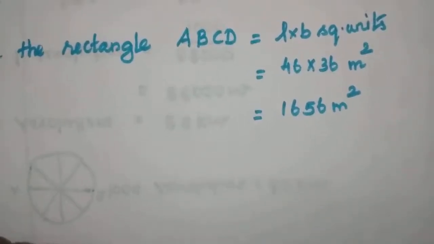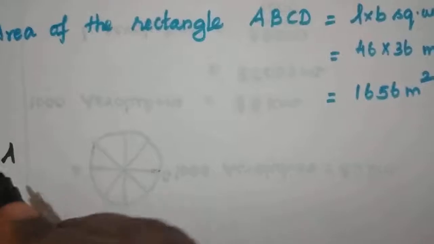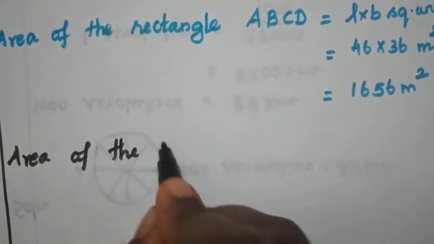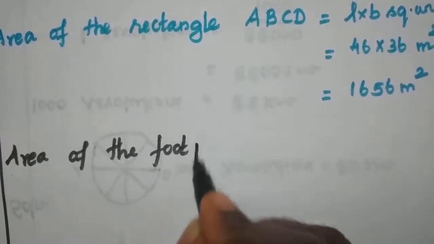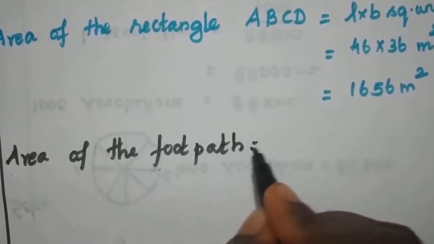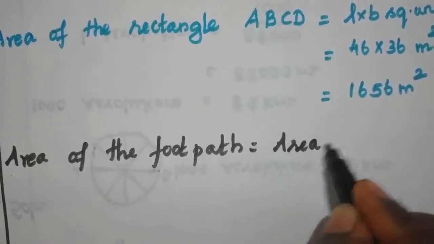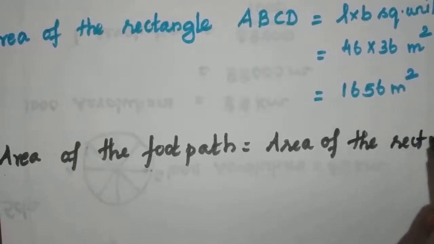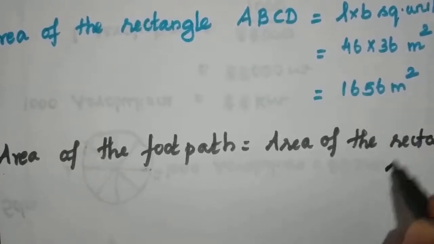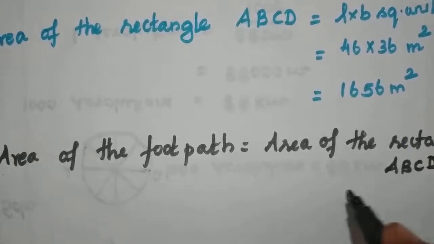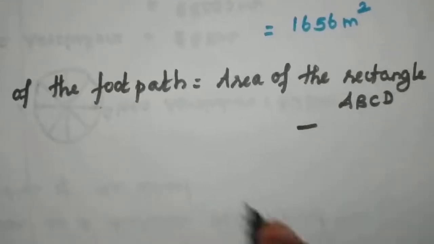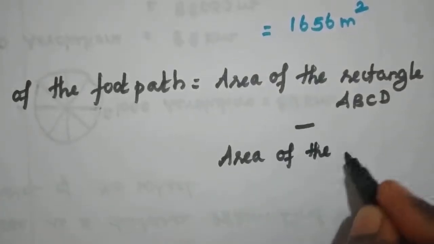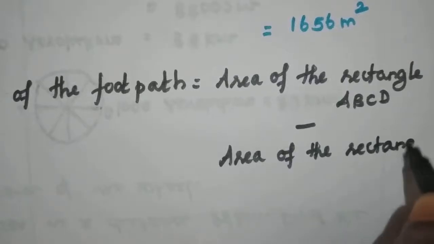So what is the formula to find the area of the footpath? The area of the footpath is calculated by the area of the outer rectangle ABCD minus the area of the inner rectangle PQRS.